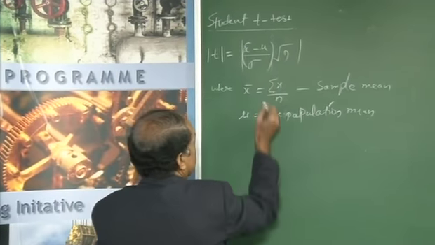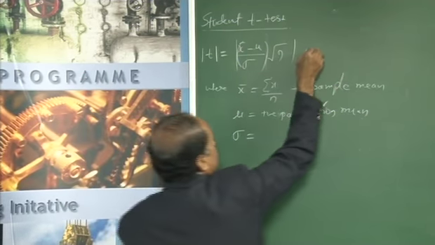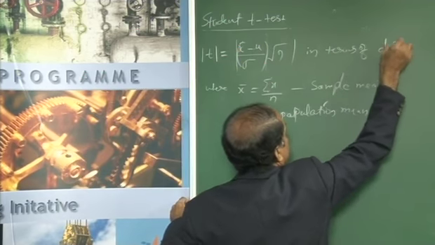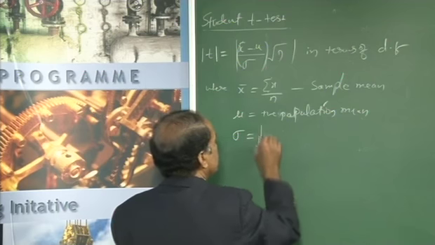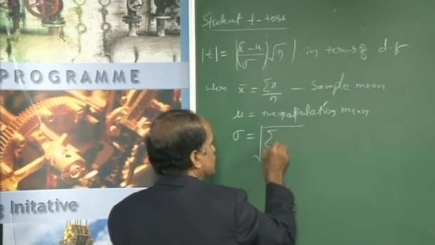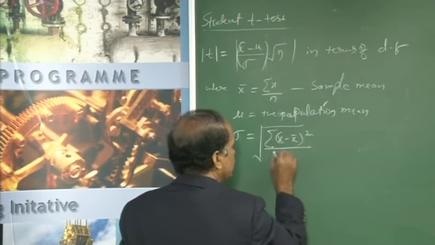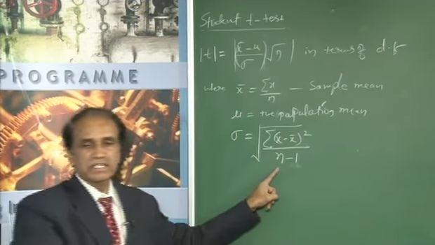Then sigma, in terms of degrees of freedom, the short form we write as df, is equal to square root of sigma x minus x bar whole square divided by, instead of n, n minus 1.